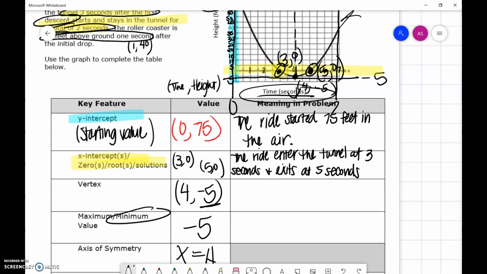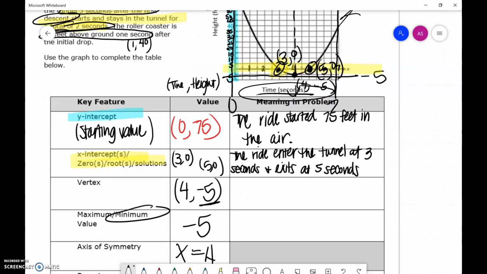Now we know our vertex, again, represents the highest or lowest point. This is actually our lowest point, and it's (4, -5). So I'm going to say at 4 seconds, the ride is 5 feet underground.